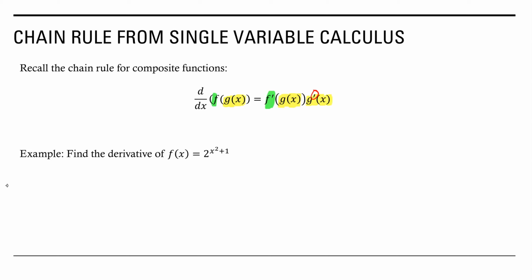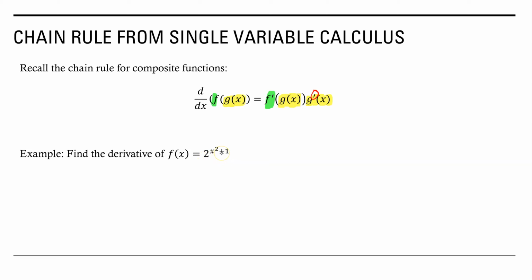Okay, so just a really quick example here. Let's find the derivative of f of x equal to 2 to the quantity x squared plus 1. If I think of this function as a composite function, what I see is an exponential function.